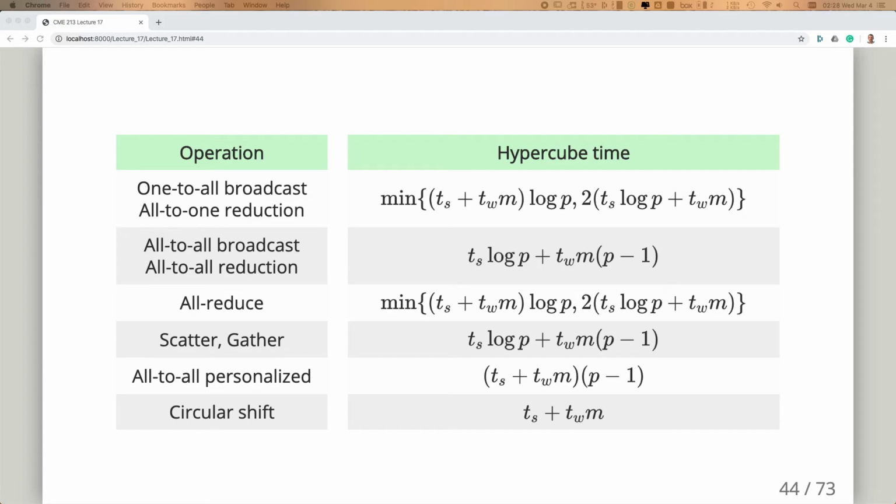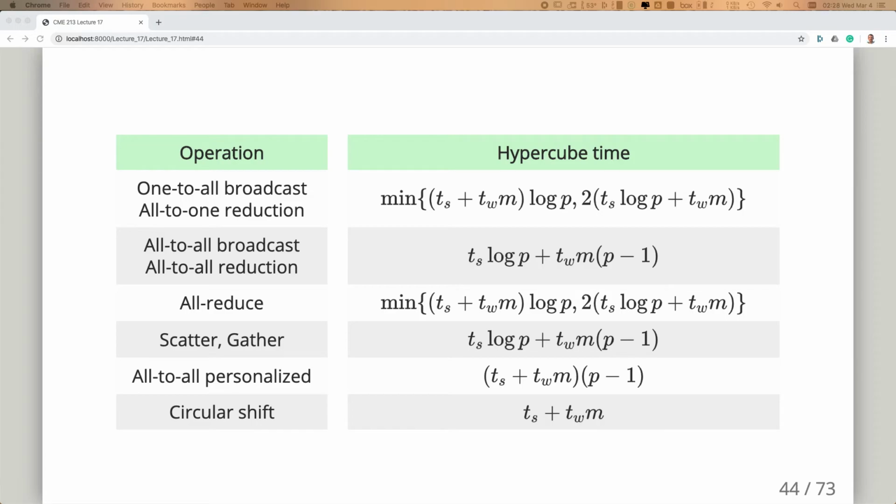And so now it goes linearly with the amount of data you're sending, so M is the amount of bytes you're sending, and TW is the inverse of the bandwidth, or the number of seconds per byte that the bandwidth gives you in your network. How many seconds it takes to send one byte, but assuming you're sending a lot of them, like a gigabyte worth of data, so it's the bandwidth. So TW is the inverse of the bandwidth.